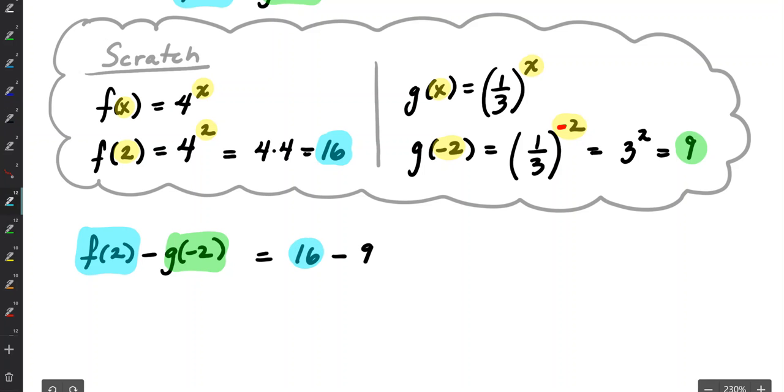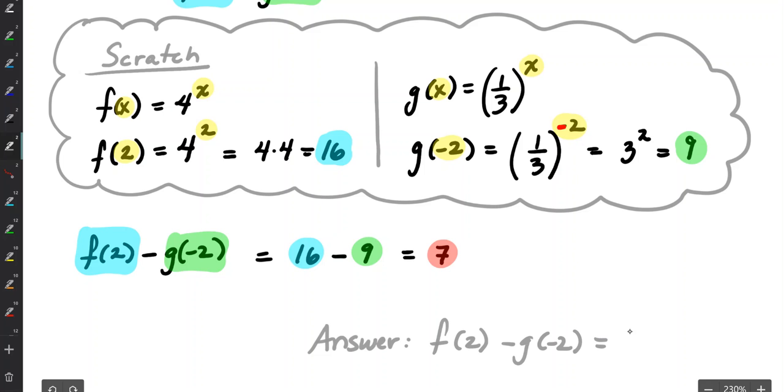And here we have it, 16 minus 9, which is 7. Here is our answer. F of 2 minus g of minus 2 is equal to 7. Bloop. And we are done.